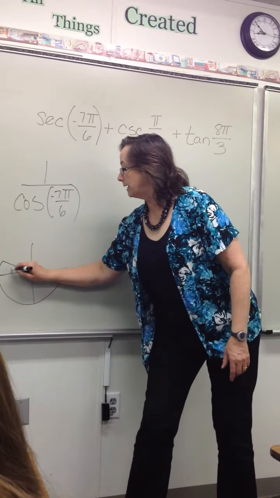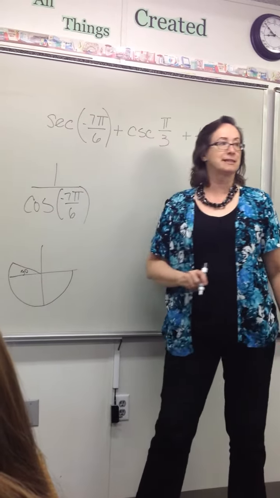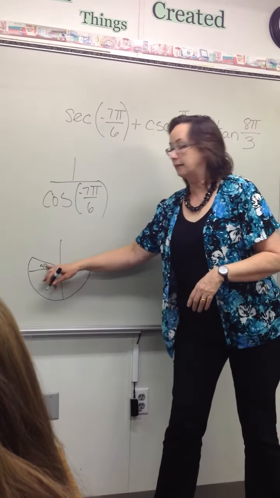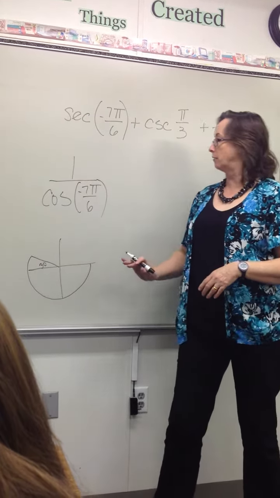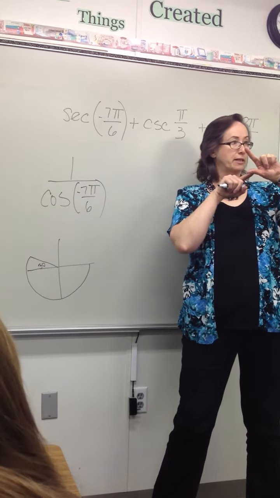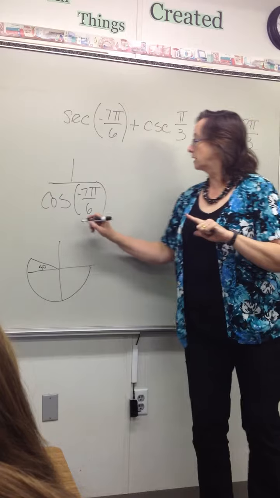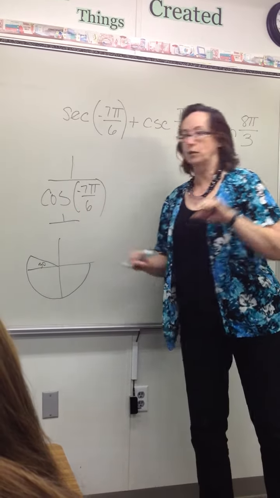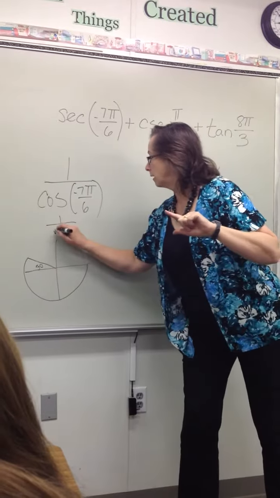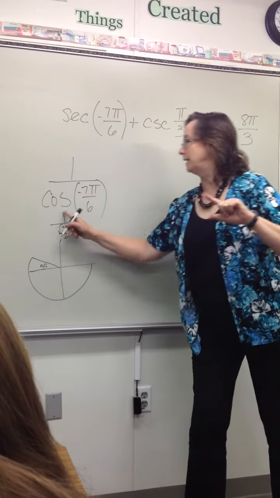So this one is a 30 degree in the second quadrant. The reference angle is a 30 degree, pi over 6, but it's going to be in that second quadrant. So when I think of the cosine of a 30, the cosine of a 30 is the long one, isn't it? So this is going to become 1 over the square root of 3 over 2, but it is in the what?